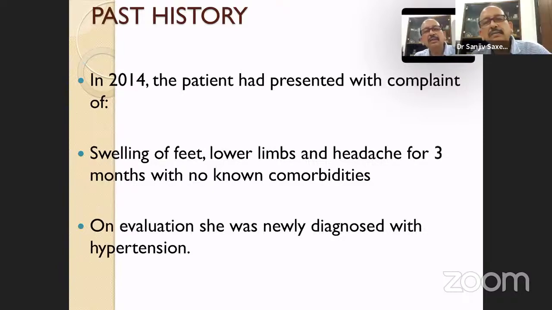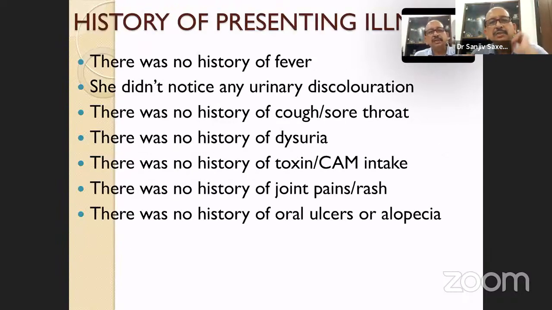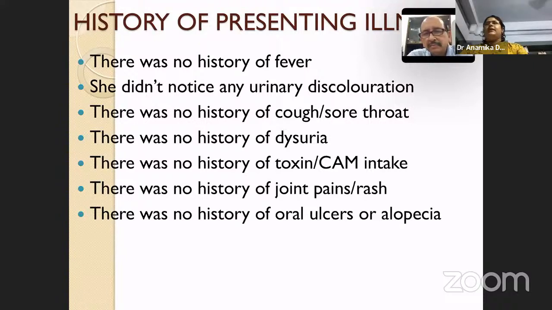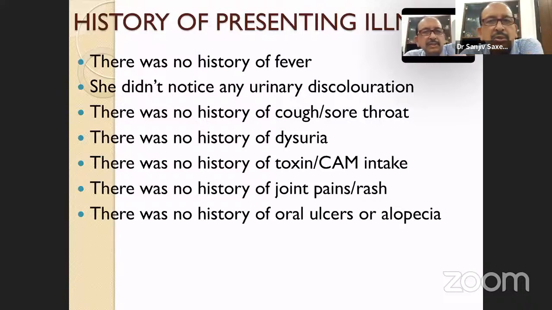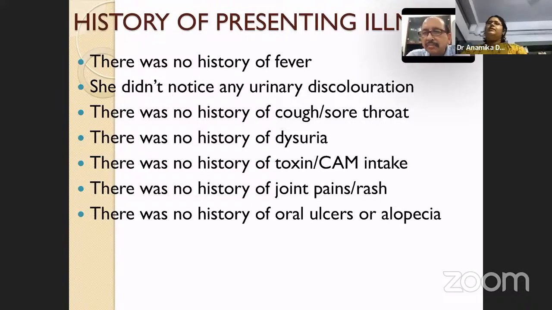Coming to Anamika, you said there is no discoloration. What discoloration were you specifically looking for in this patient? Sir, specifically, I asked if she passed any reddish or dark red colored urine, which may be seen in an acute nephritic syndrome. Is it dark red urine or is it called something else? Cola colored urine. Yes.